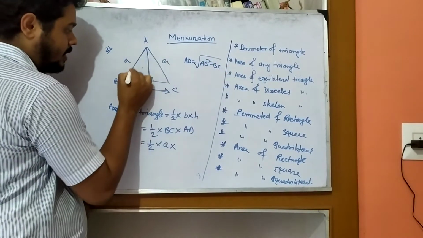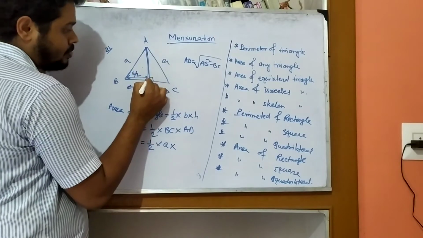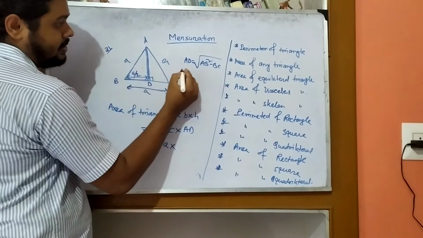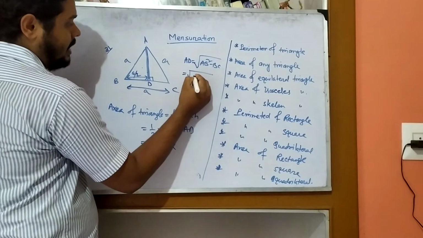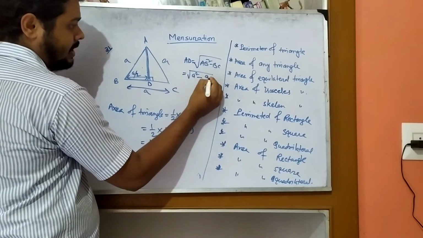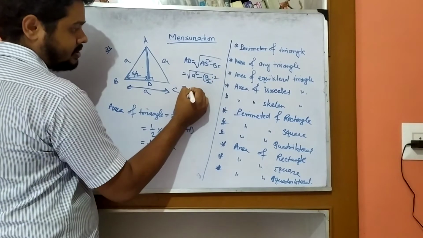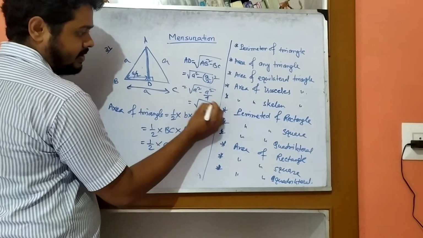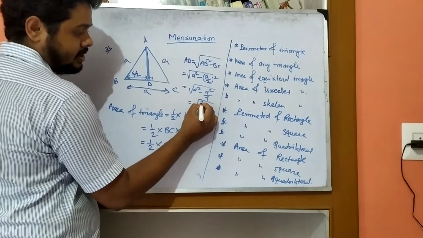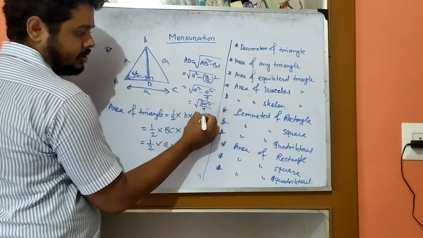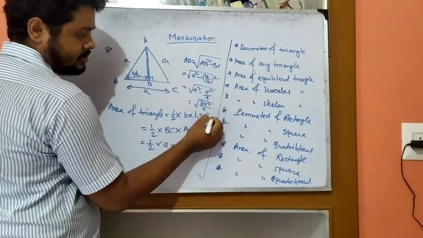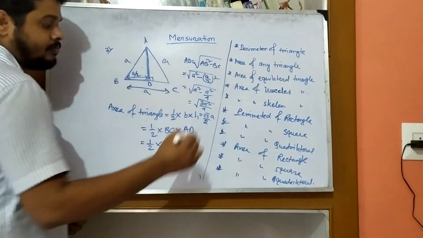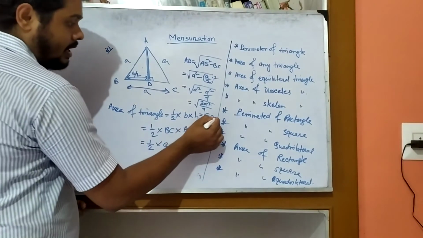So perpendicular square means hypotenuse square minus base square. So root over of A square minus A by 2 whole square. So it is A square minus A square by 4. After simplification it is 4A square minus A square, that is 3A square by 4. So it is root 3 A square by 4, which gives A outside the root, root 3, and for 4 it's 2. So this is the height.